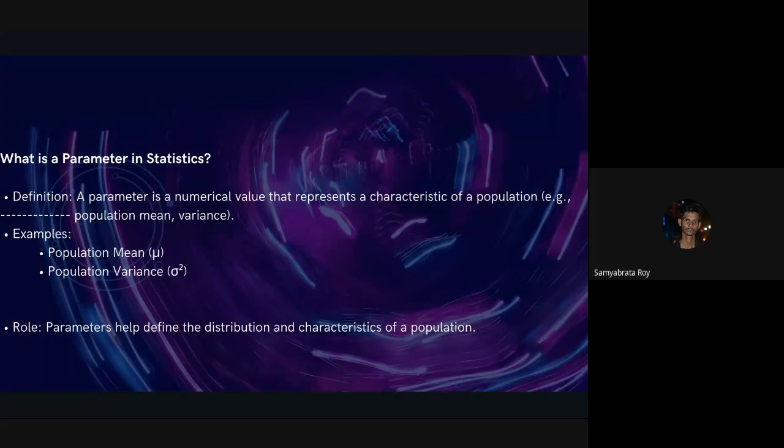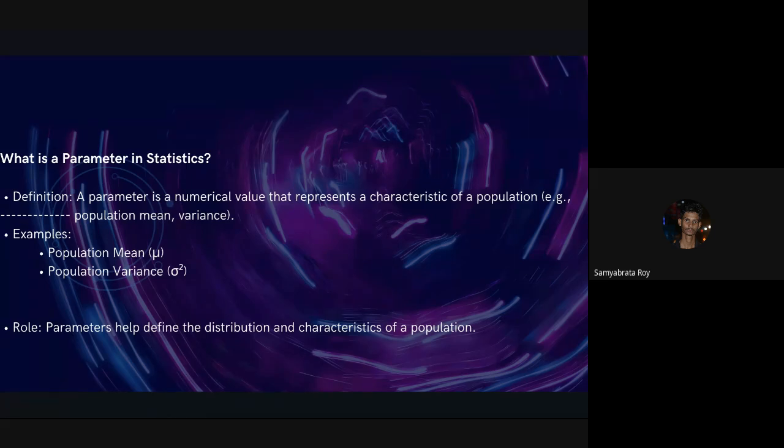So these are my parameters. Now, our job as a statistician is to get the value of these parameters, as these parameters are not known to me. Okay, so whenever we are interested in doing any analysis regarding a certain statistical population, what we are actually intending to do is to get the values, or maybe approximate values, of these parameters like population mean, population variance, kurtosis, skewness, and so on.